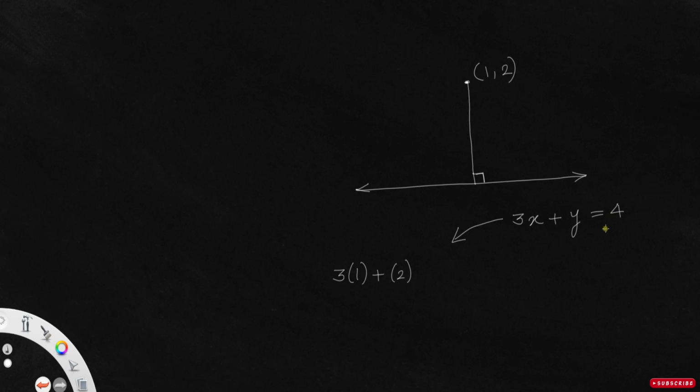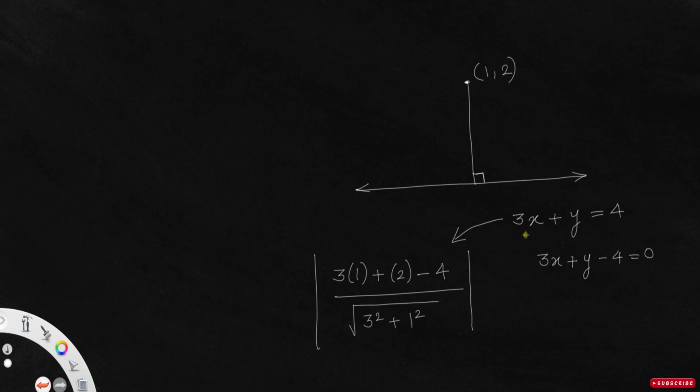Take this 4 to the left. Let me write it like this, equal to 0, that is, minus 4, the whole term under the modulus, divided by the square root of the sum of the squares of the coefficients of x and y. The coefficient of x here is 3, so 3 square plus the coefficient of y, which is 1 square.